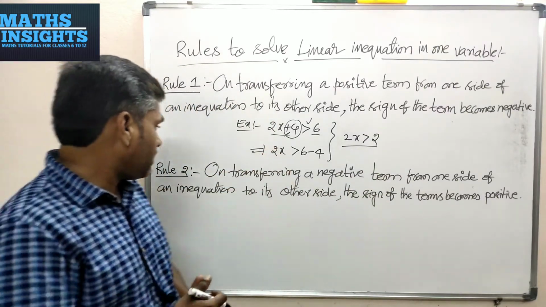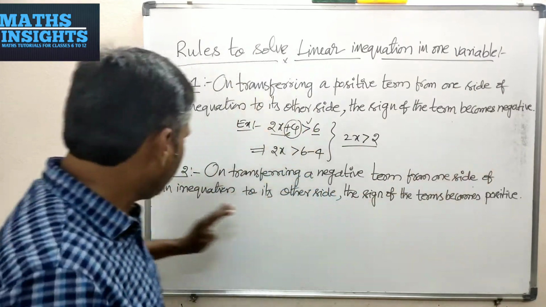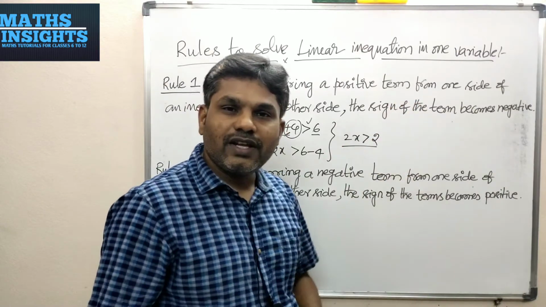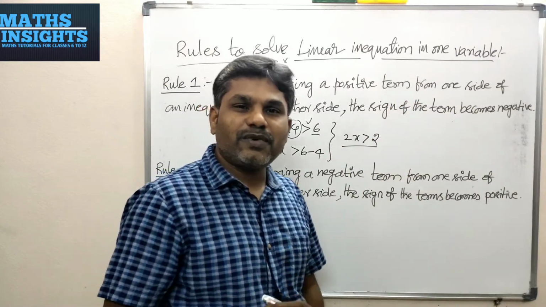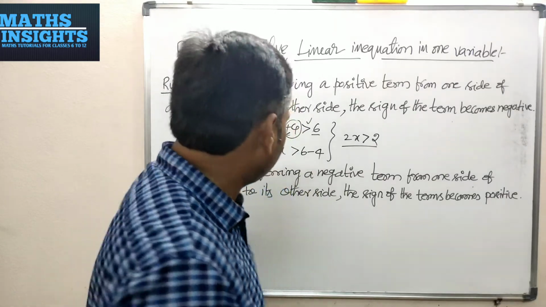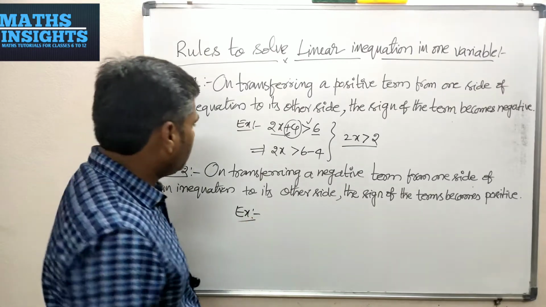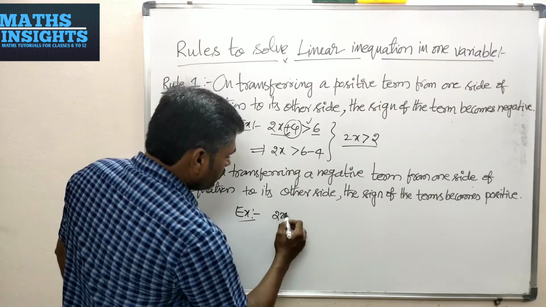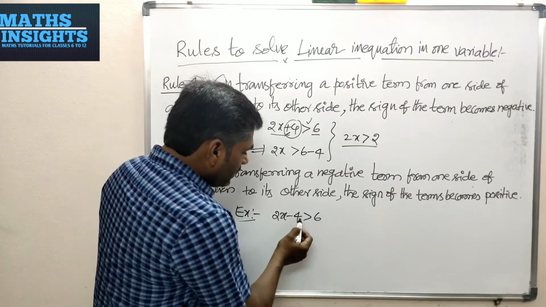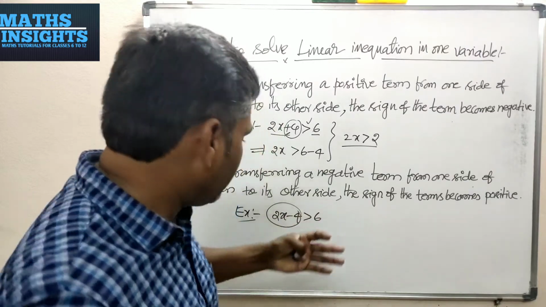Similarly, rule 2 says, on transferring a negative term from one side of an inequation to its other side, it is quite opposite to rule number 1. If you remember rule number 1, then it is very easy to remember rule number 2. It will become very clear through an example. Same question, 2x minus 4 greater than 6. In this case, this is the term on the left side of the inequality greater than.